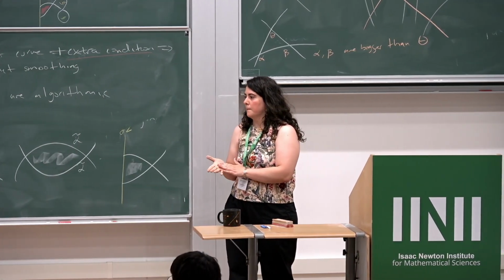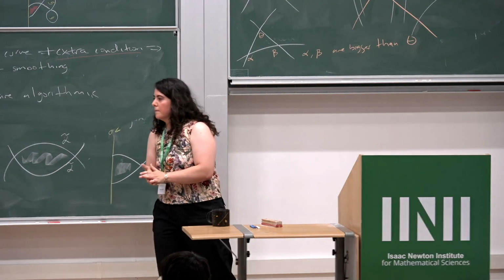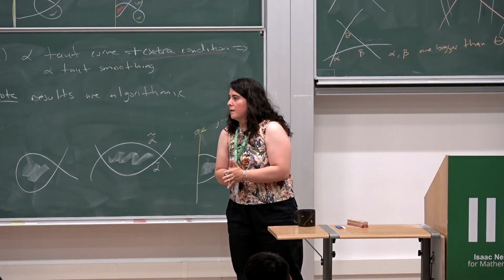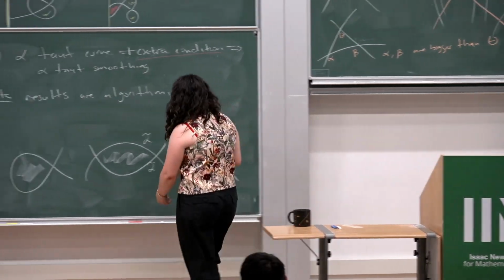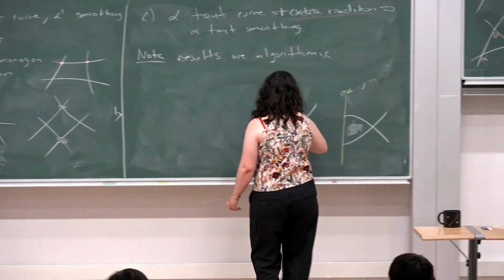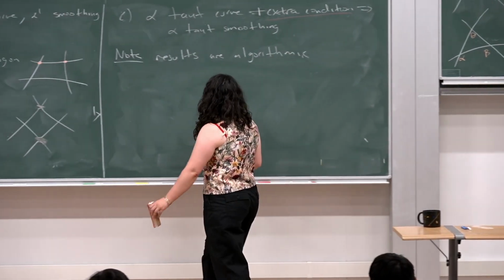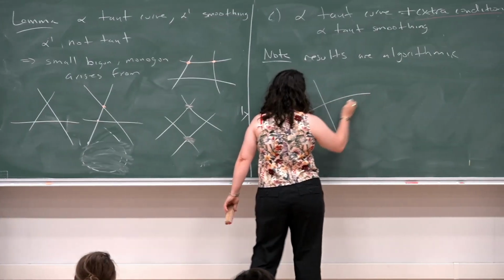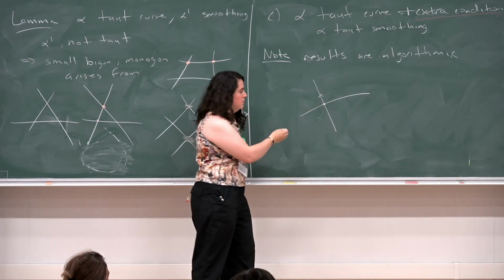And is the extra condition something to do with these angles? I mean, I can say it. It's not so complicated. So the extra condition is that you have an unoriented corner.